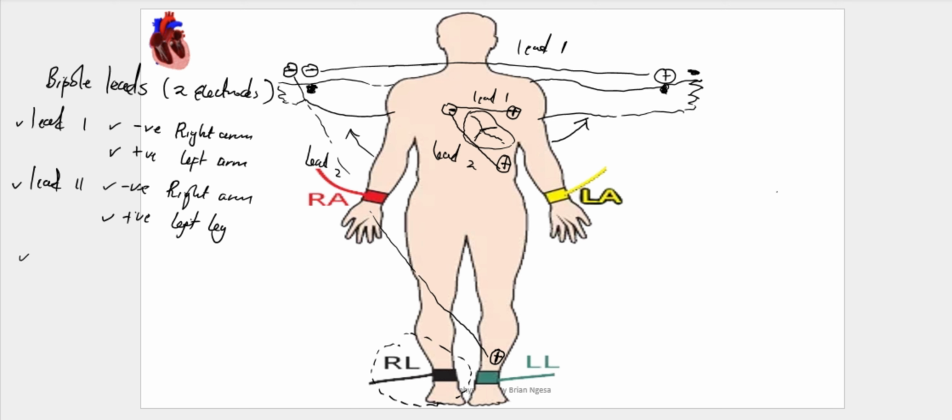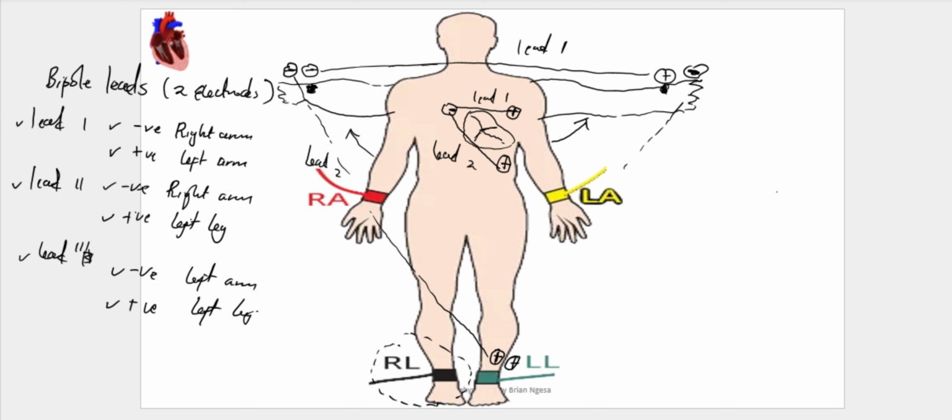We also have the lead 3. Let's just construct it, where we have the negative electrode. The negative electrode, you'll place it on the left arm, and the positive electrode, you'll place it on the left leg. So giving us something like this, positive and negative for the lead 3.